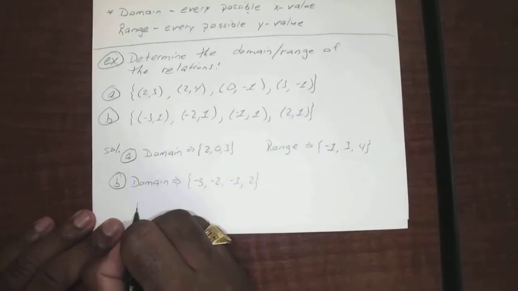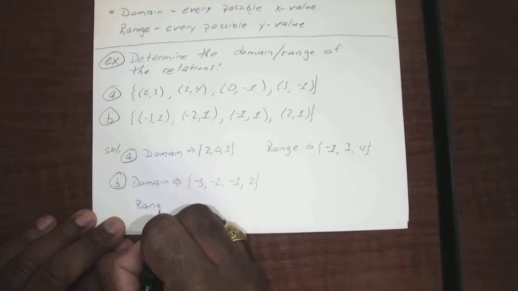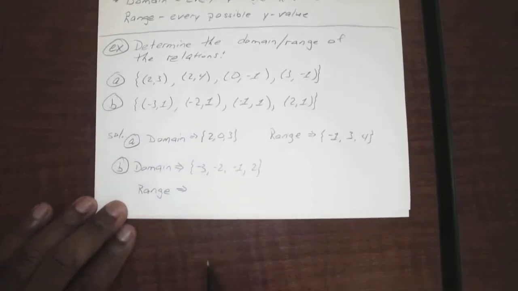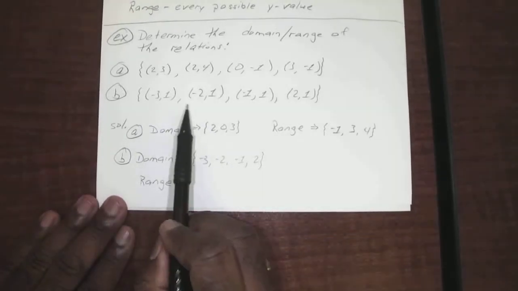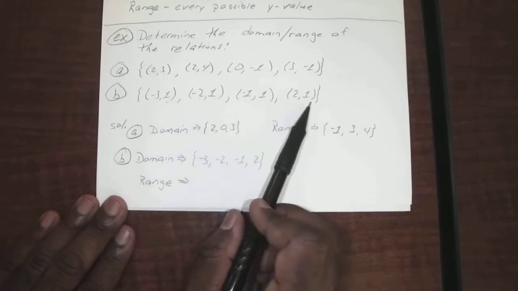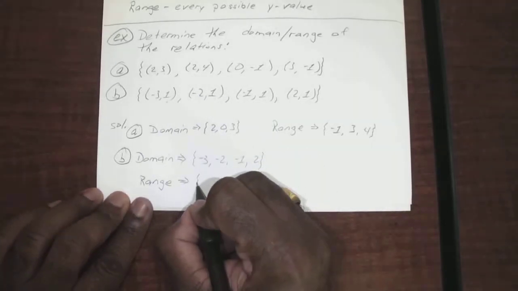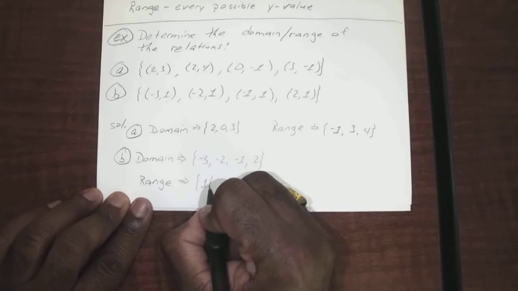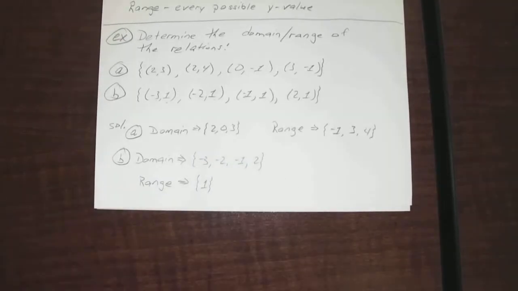And your range, I'll put that underneath it, is every possible y value, which is 1, 1, 1, and 1. So that would just be 1. All right. So any questions there?